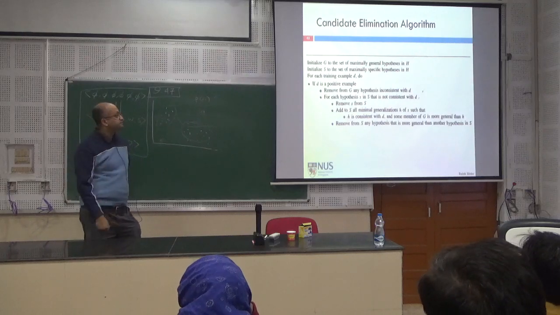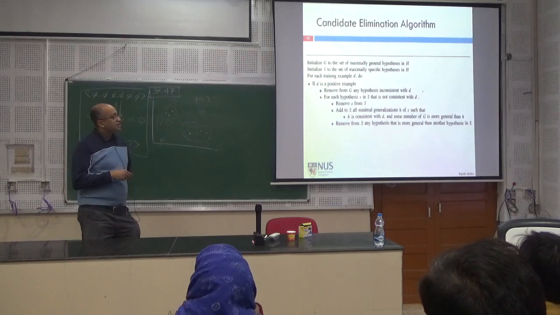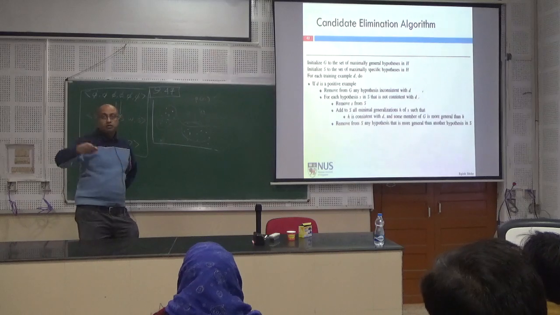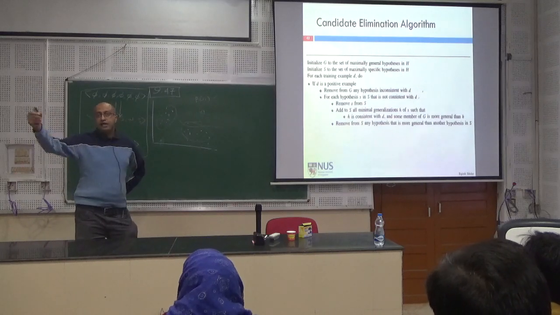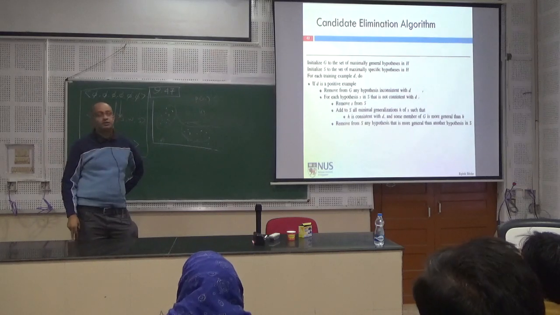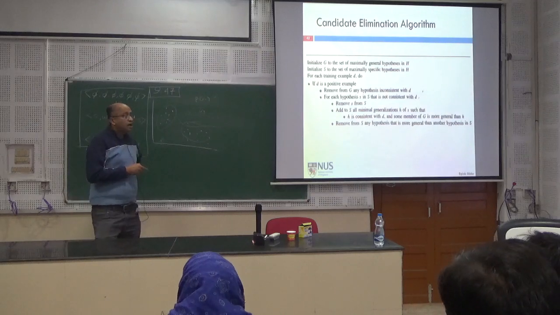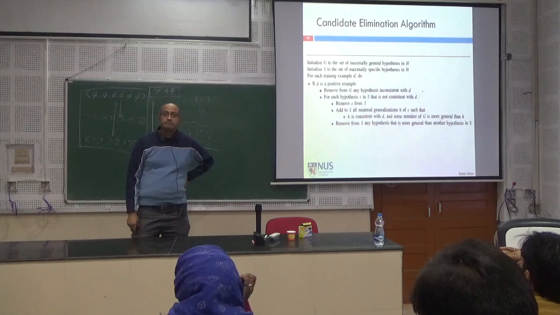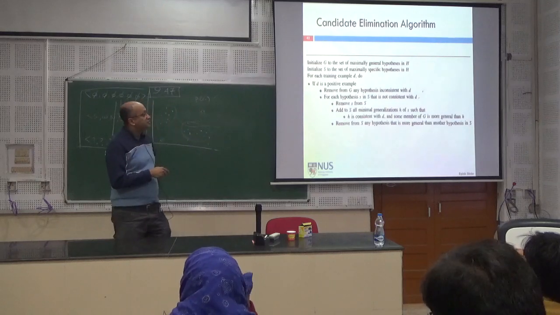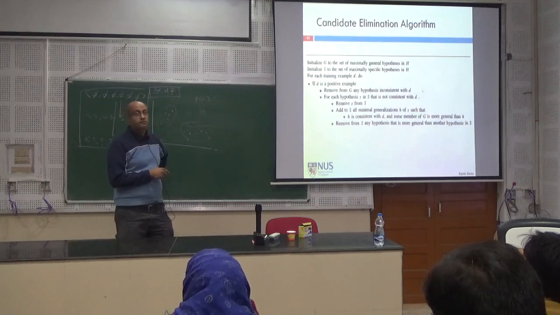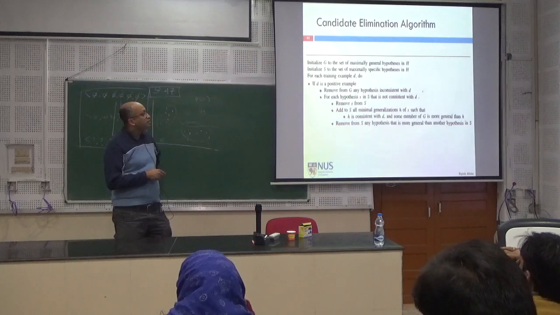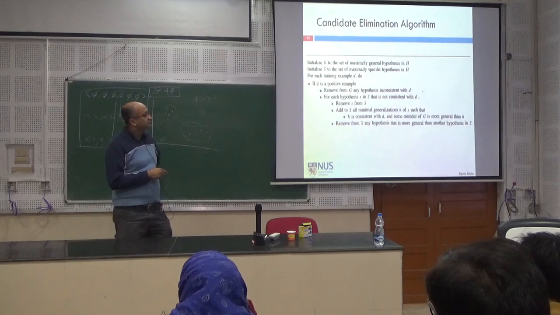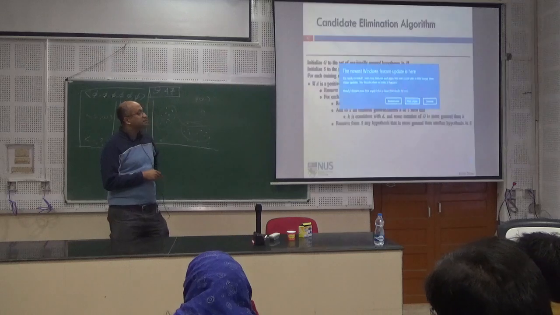Then we treat each training sample individually, looking at both positive and negative samples. If it is a positive sample, I remove from the general boundary any hypothesis that is inconsistent.